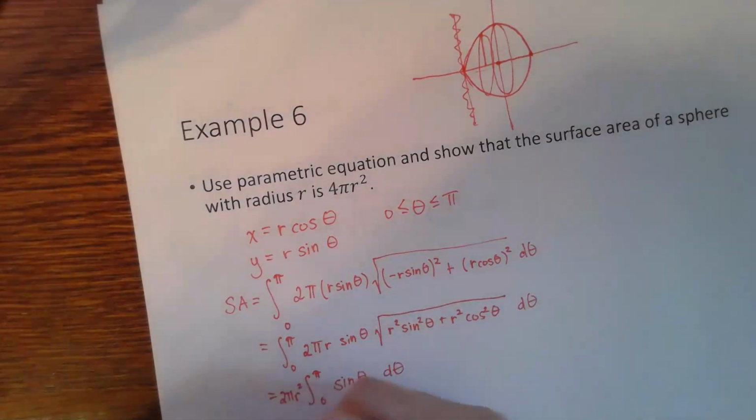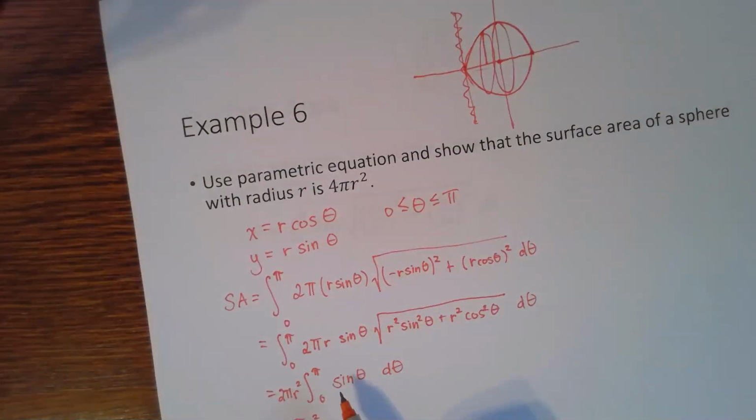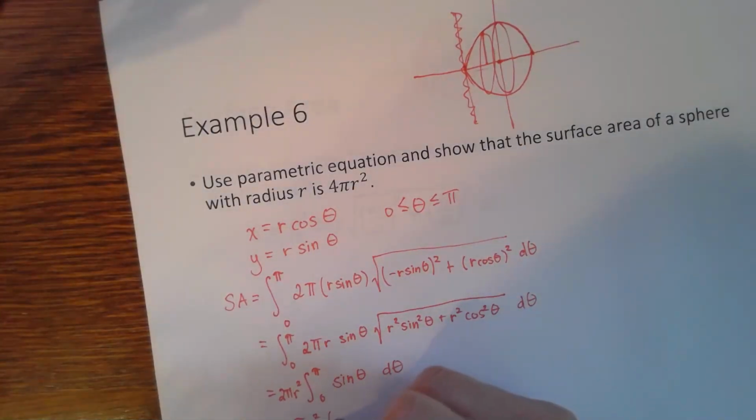Okay, and so we have 2 pi r squared, and then the integral of sine theta is negative cosine theta, evaluated from 0 to pi.